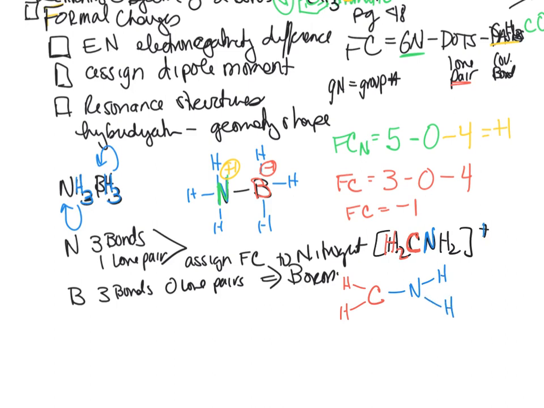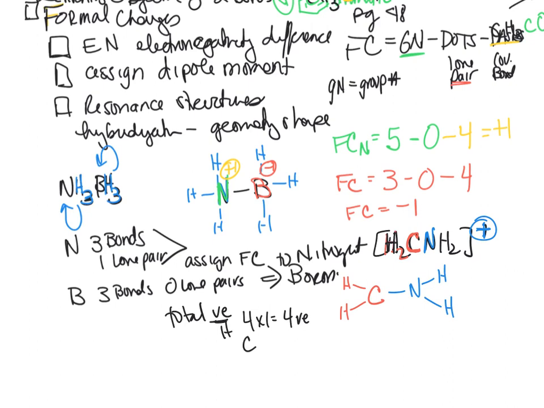You notice the molecule has an overall charge of plus. So what you can do is add up your total valence electrons. Hydrogen has 1 because it's group 1, and there's 1, 2, 3, 4. So 4 times 1 is 4 valence electrons from hydrogen.